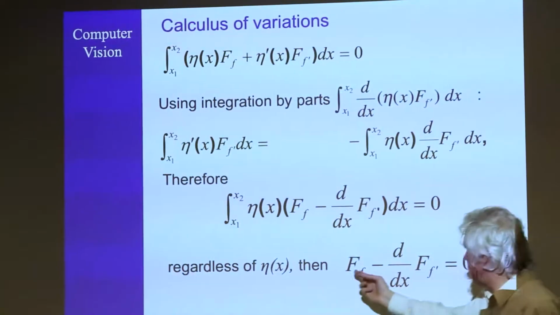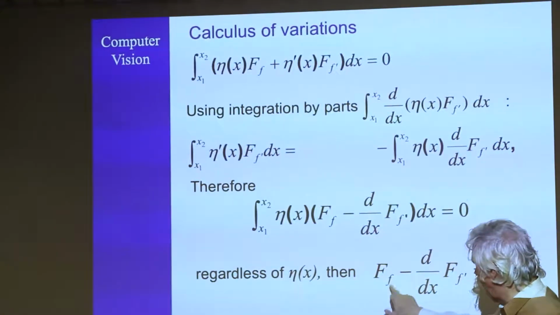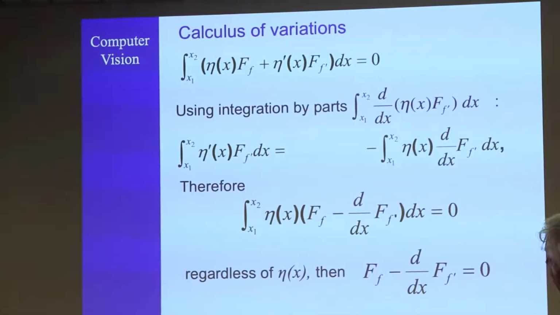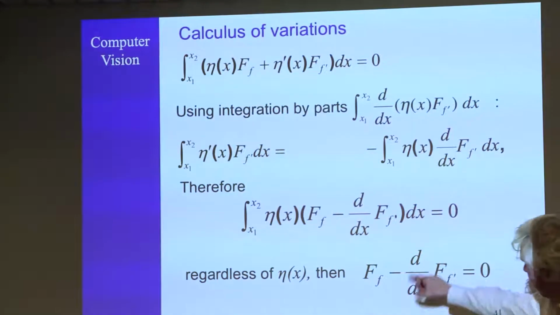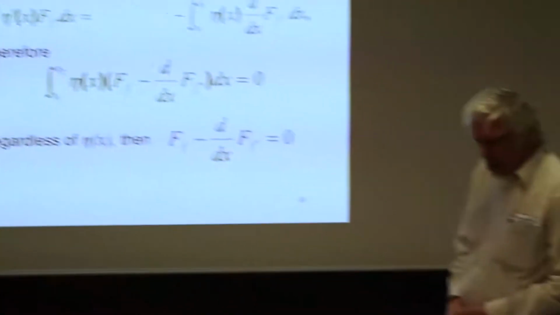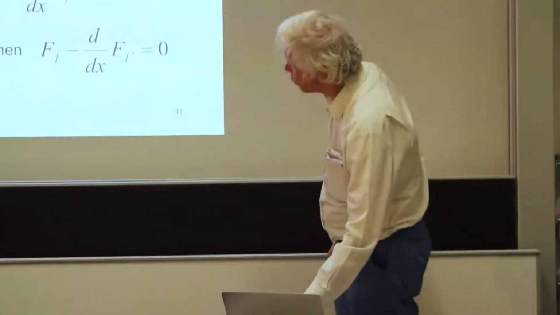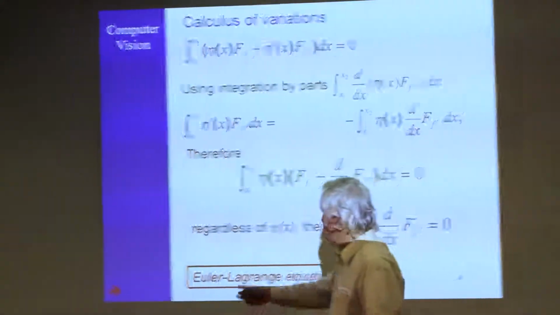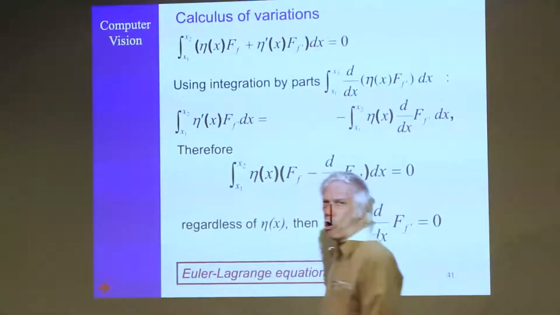We have the functional derived with respect to f, and a functional derived with respect to f prime, the derivative of f with respect to x, and here you have another derivative. Okay, the Euler-Lagrange equation is called like that because it was actually derived independently by Euler and by Lagrange.